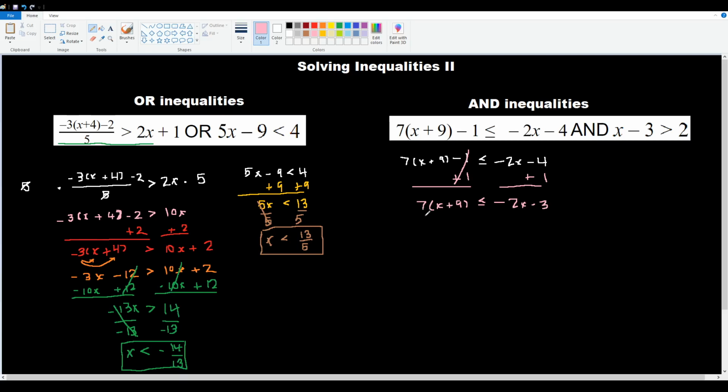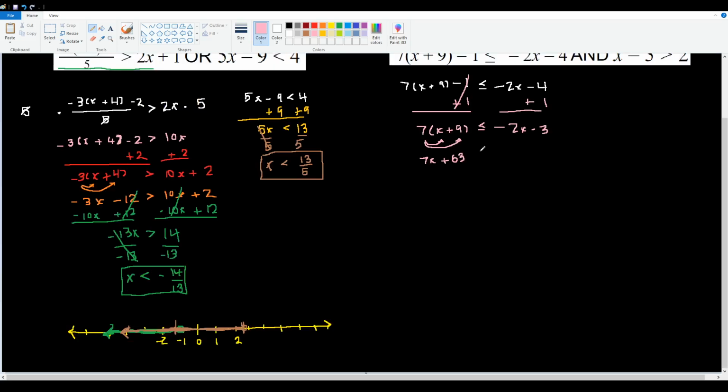If you multiply that out, you get 7x plus 63, huge number, is less than or equal to negative 2x minus 3. And now I'm going to do the same thing I explained earlier, where I do both steps at the same time.